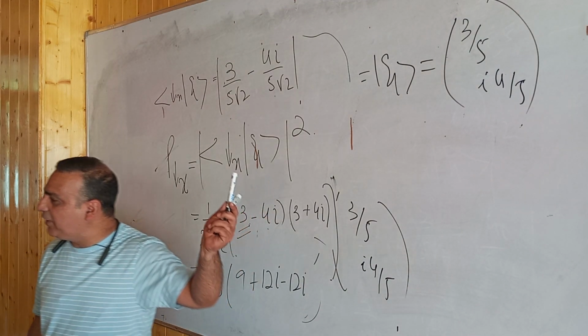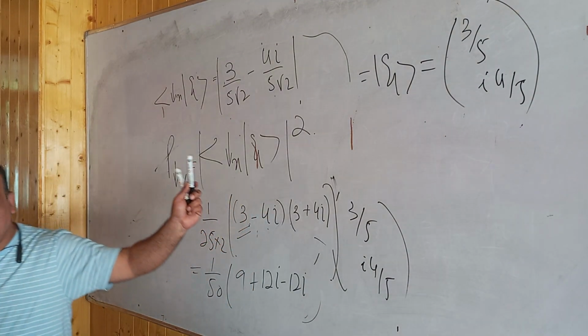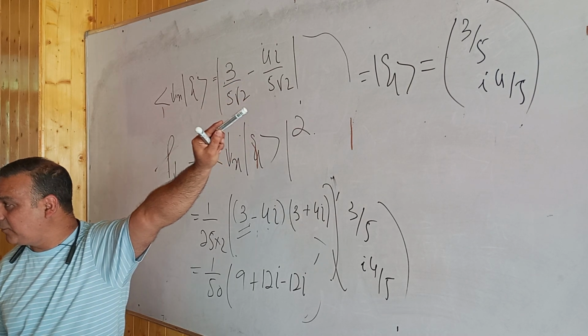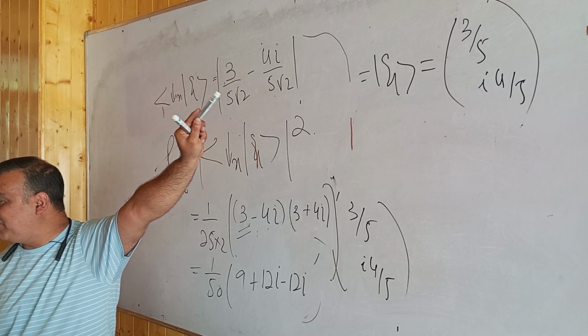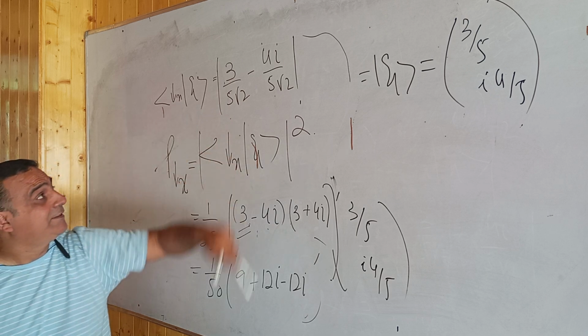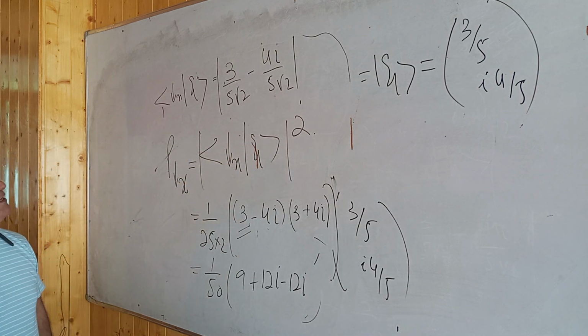What was the result in the previous case? No, I'm talking about it: it was 3 minus 4 iota there. What was it? It was 3 plus 4 iota. Right? So what is it that is missing in our solution?